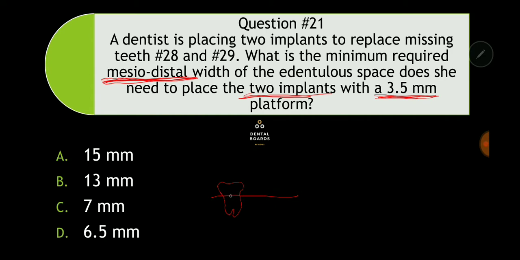So this is number 30, and those 2 are missing. So that means these are the canine, our mandibular canine.